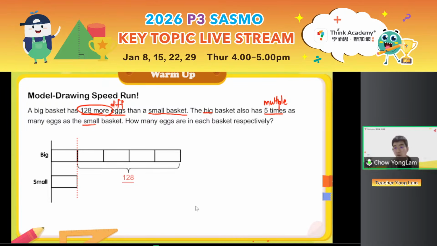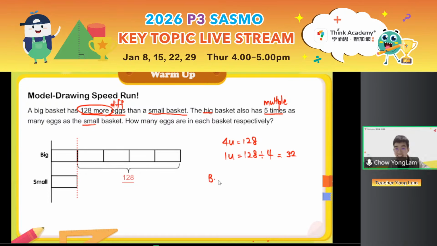Label the difference properly. Your brackets should be drawn neatly, and then you will find out 4 units is equal to 128. And 1 unit is 128 divided by 4, which we already calculated just now. What is it? It is 32, correct? So every unit is 32.